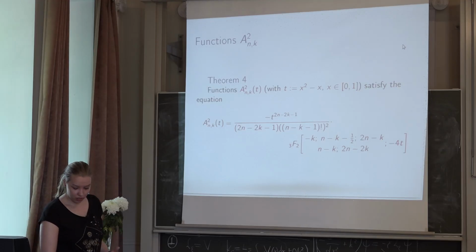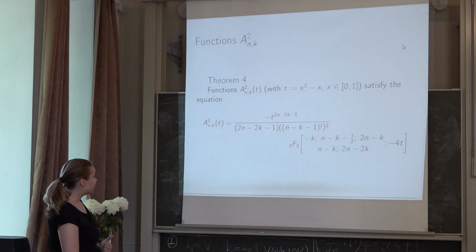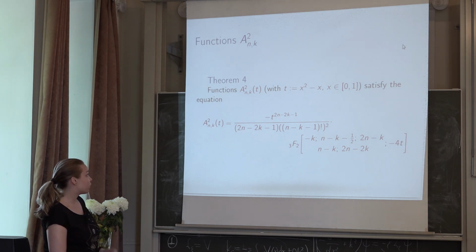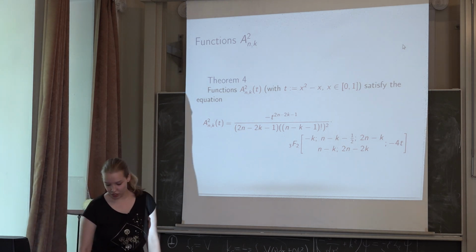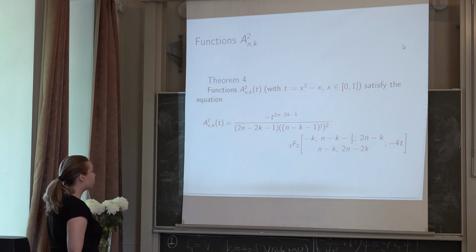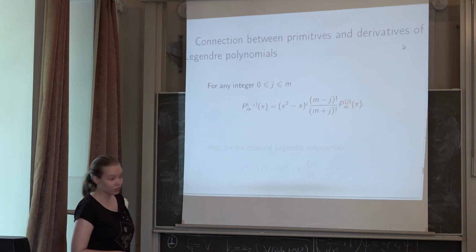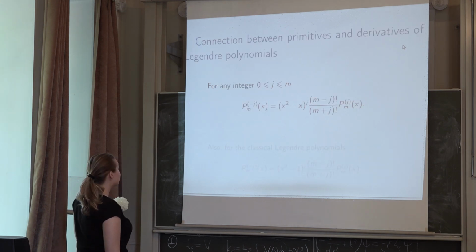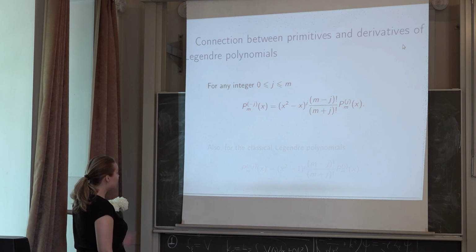As I told before, we did a lot of work with the antiderivatives of Legendre polynomials, and in the process of our work, we obtained an interesting connection between antiderivatives and derivatives of Legendre polynomials. Here you can see if j is from 0 to m, then we have such connections.